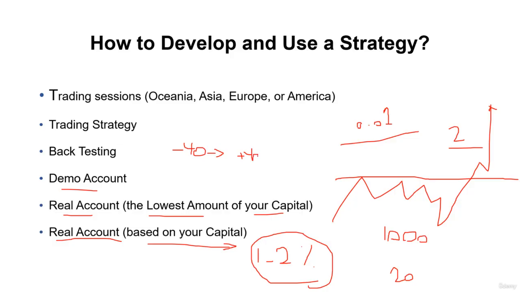So in this case, for those professionals, it is probable that they risk more. But when you are an amateur and at the beginning of this job, more than 1 to 2% is not recommended at all.